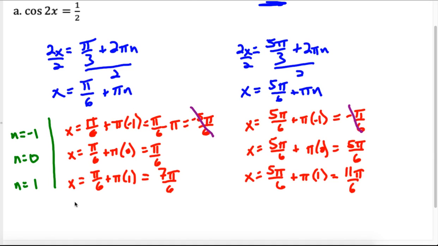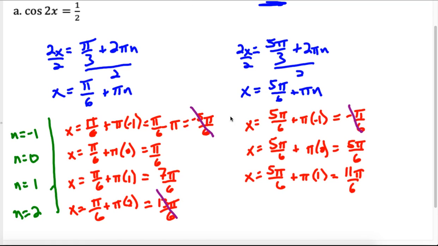Well, let's try n equals 2. If I plug n equals 2 in, I will get pi over 6 plus 2 pi, which would be pi over 6 plus 12 pi over 6, or 13 pi over 6. That is greater than 2 pi, so that is not going to be one of my answers on this interval.